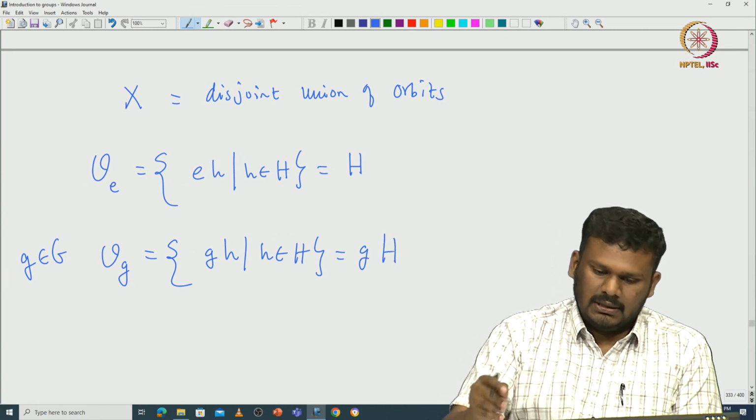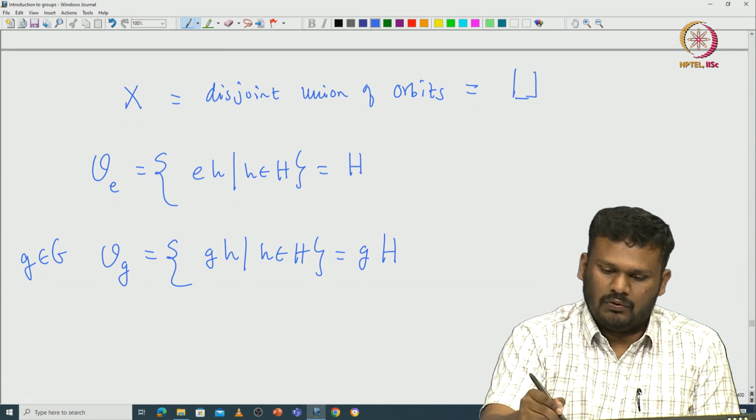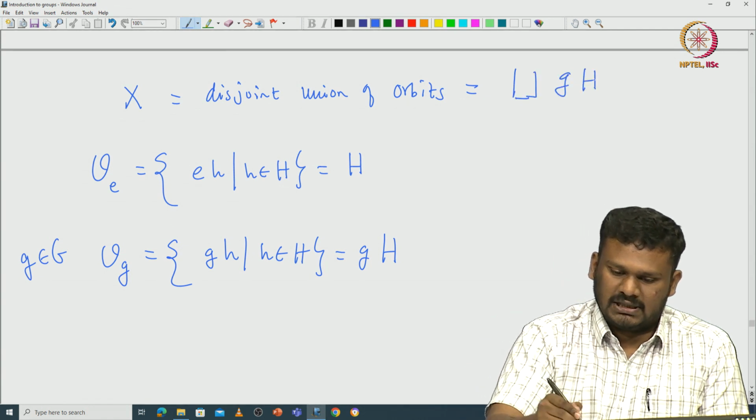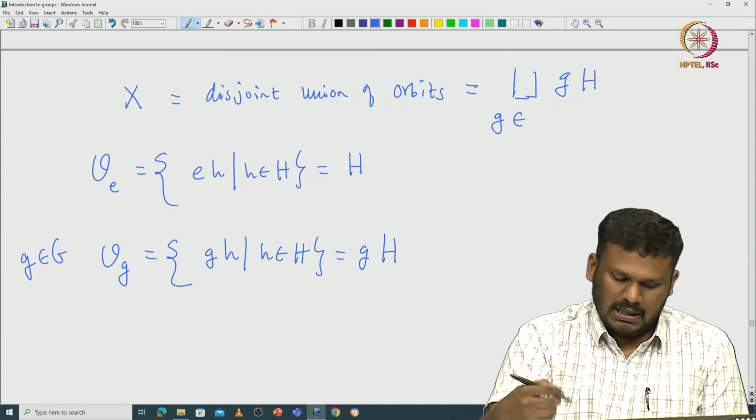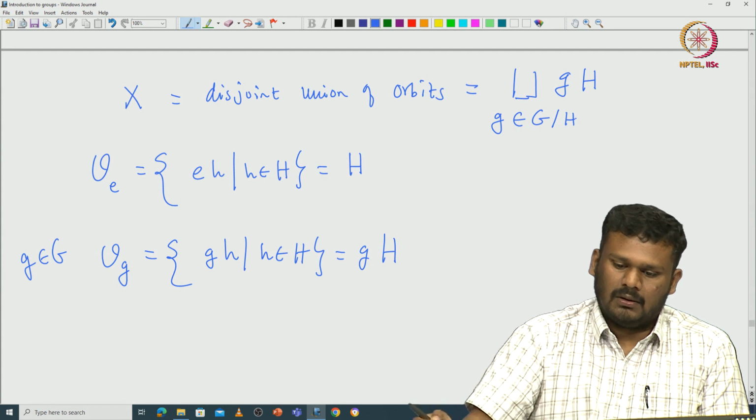So in particular, this union of the orbits will be a disjoint union of all these cosets where g comes from X mod H, which is G mod H. Okay.